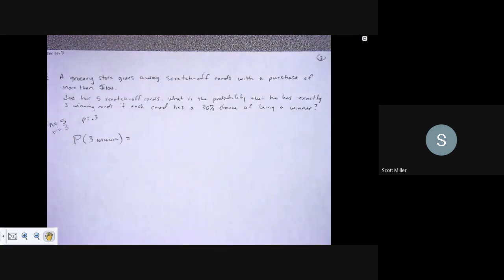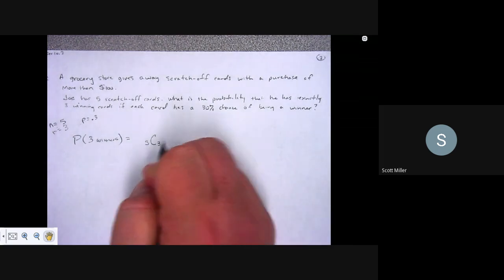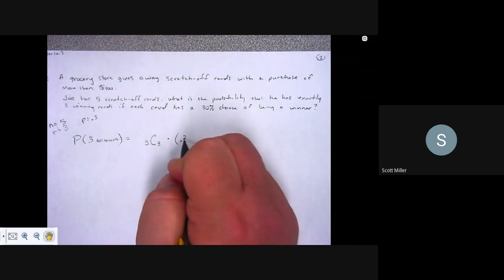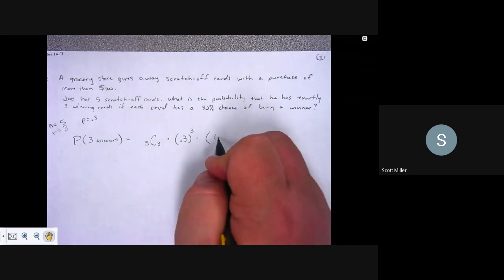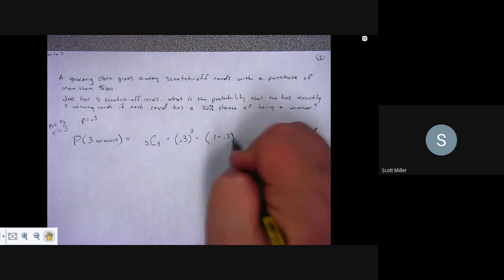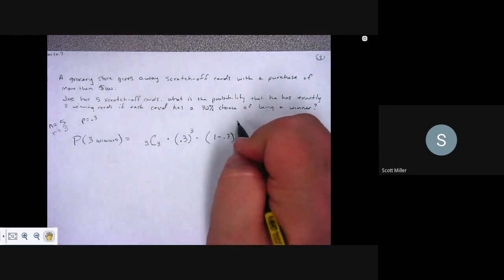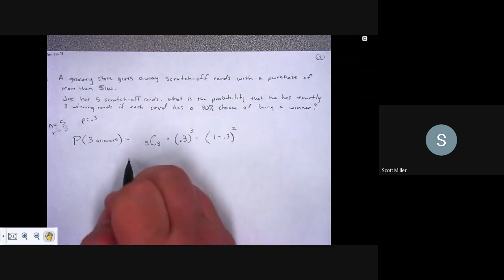So we have 5 choose 3, times the probability of a winner to the 3rd power, times the probability of a loser, 0.7, to the 5 minus 3, or 2. So we need to work this out, and you can do this on a calculator.